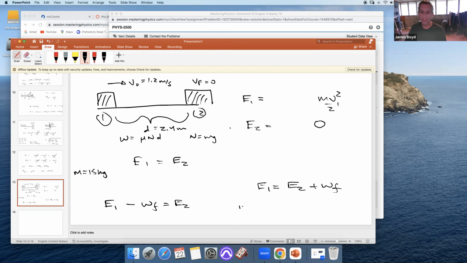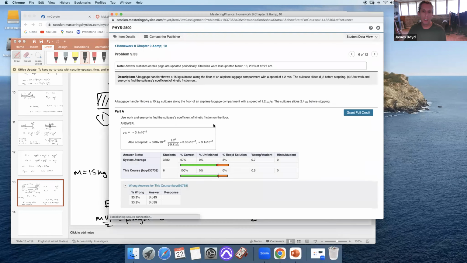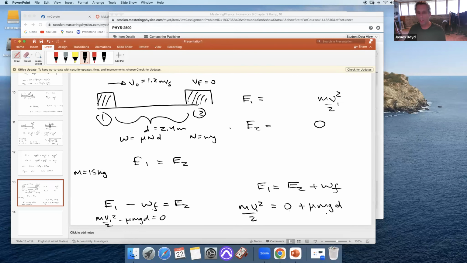So what we get here is mv squared over 2 is equal to 0 plus mu mgd. This is the work of friction. Now we could have written mv1 squared over 2 minus mu mgd is 0. These two equations are the same. And what they want us to solve for is the coefficient of kinetic friction.